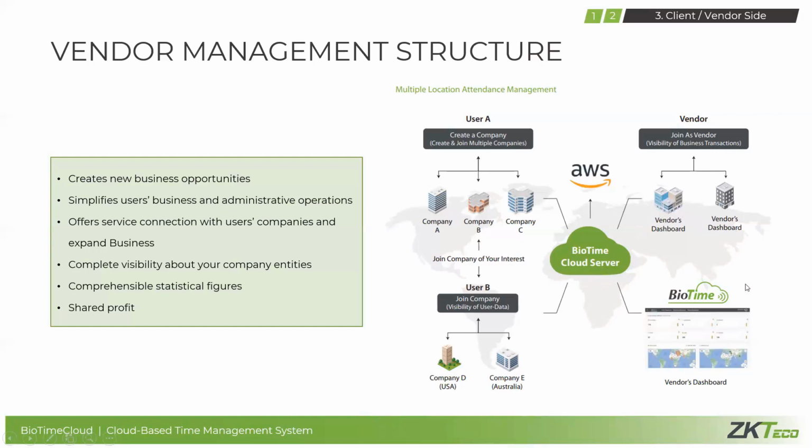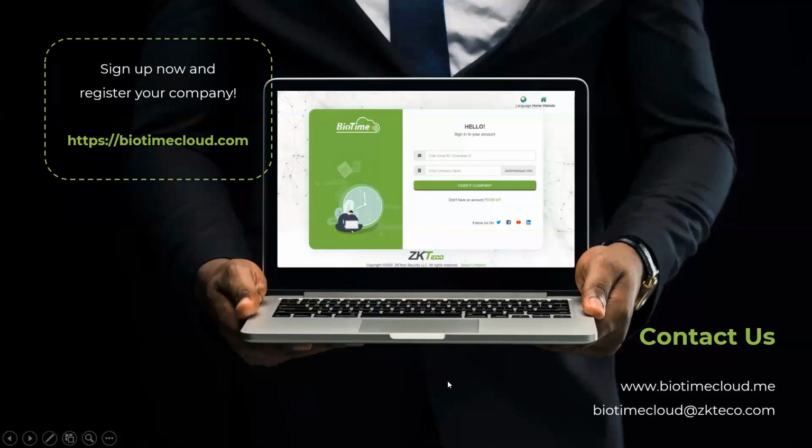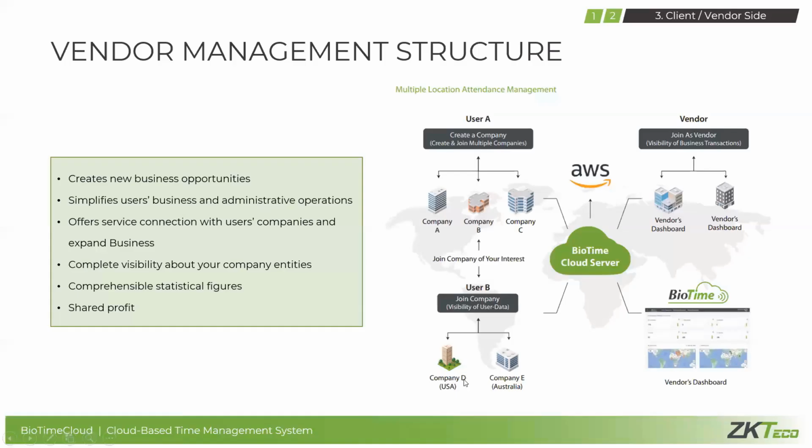For each company, they have a dashboard where they can see the devices, the number of trial users, the number of subscribed users, and employees. This is the main advantage for the vendor side to see and manage the platform, with the employees, companies, employee report, and company report together in one platform.